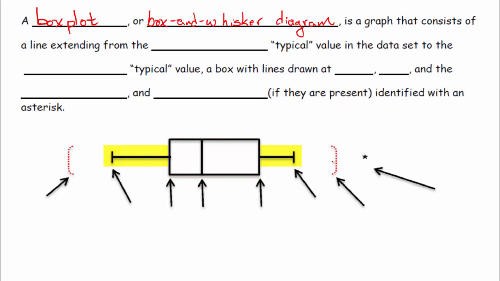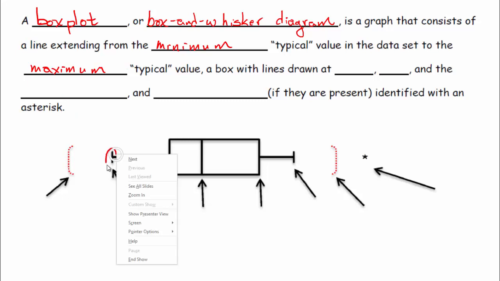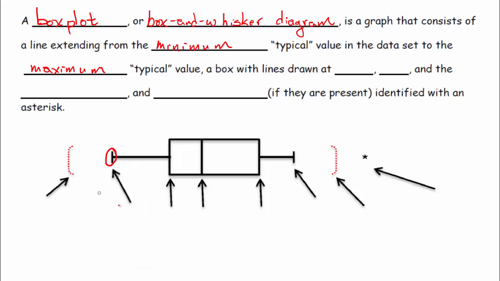Alright, so this is a graph that consists of lines that extend from the minimum typical value in the data set to the maximum typical value. So here this whisker extends down here to the minimum, and I'm going to put in parentheses typical.